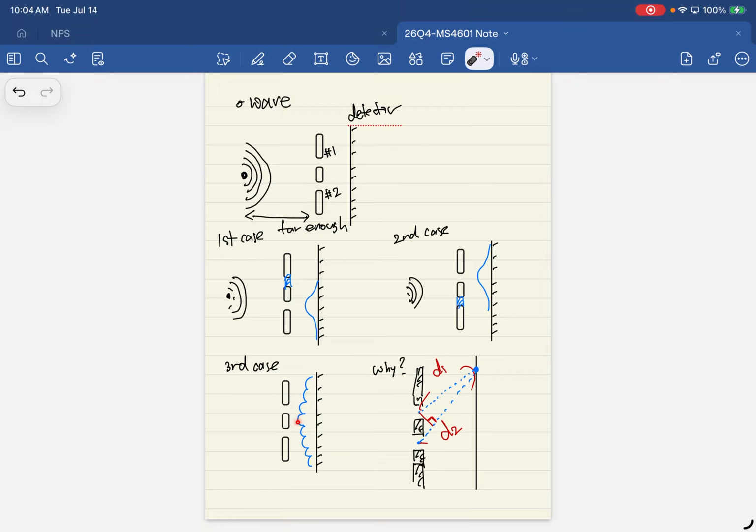So we found out why we have the maximum values, and we can also look at when we have minimum values.